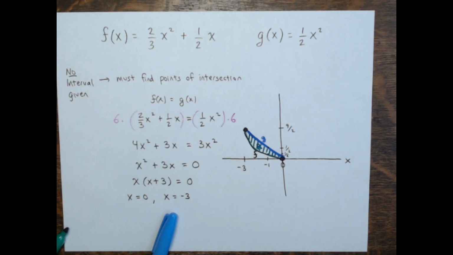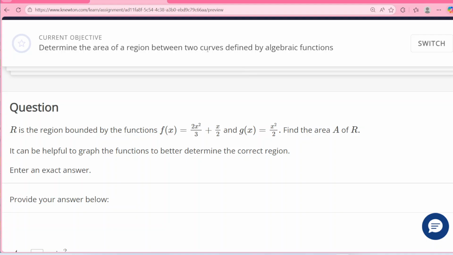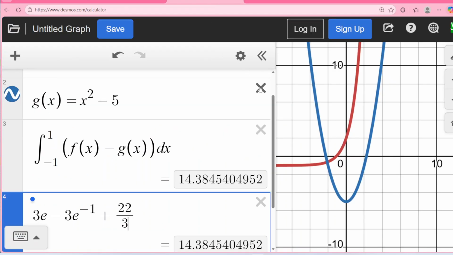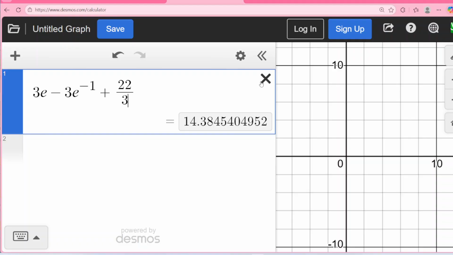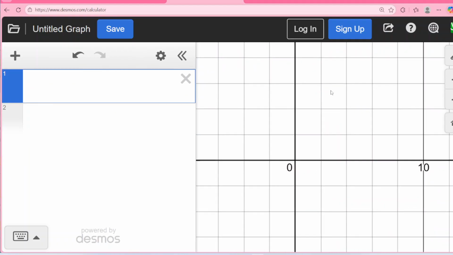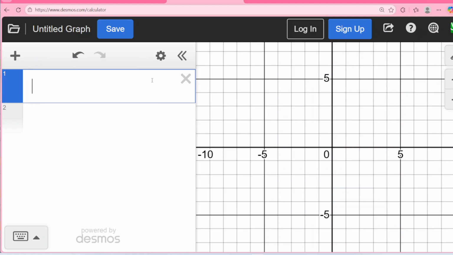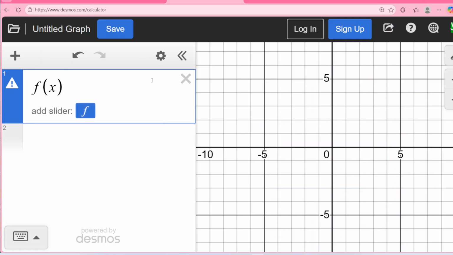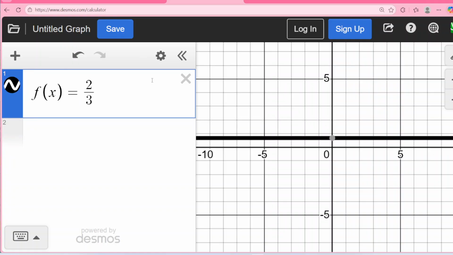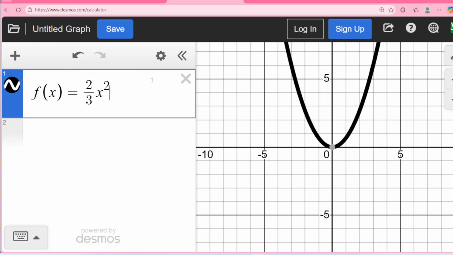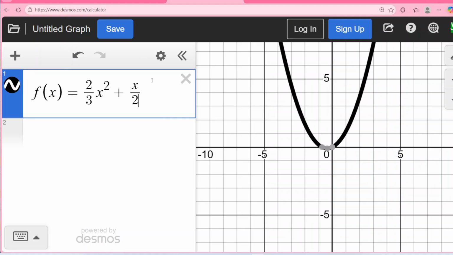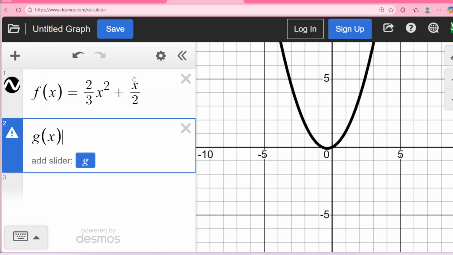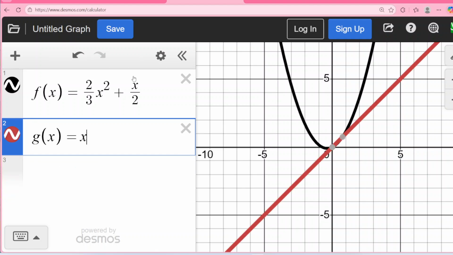Yeah, so let me show you in Desmos. That'll be a much nicer looking picture. Here we were given f of x equals 2/3 times x squared plus x over 2, and g of x equals x squared over 2.